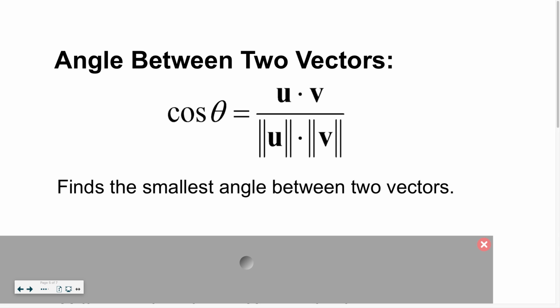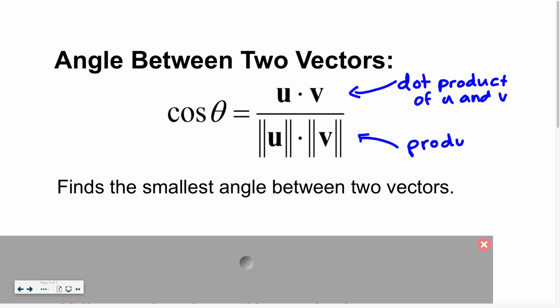So I'm going to jot off to the side what this means. This is the dot product of u and v, and this is the product of magnitudes.